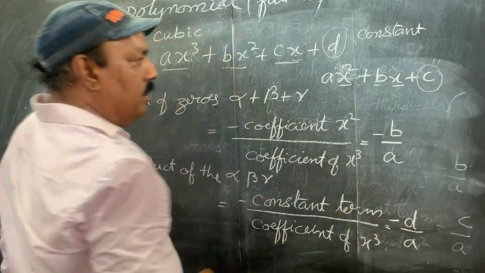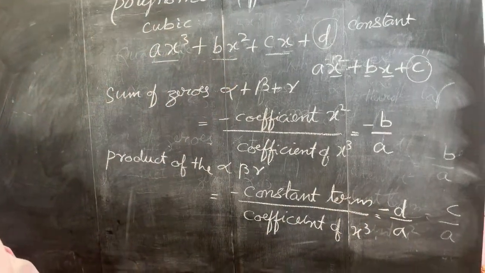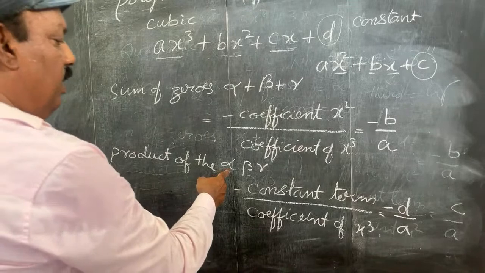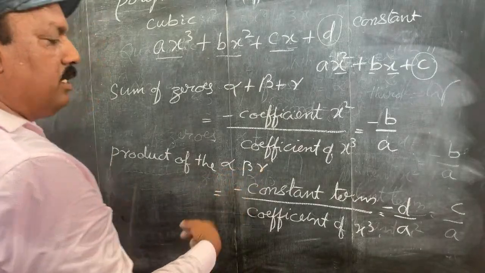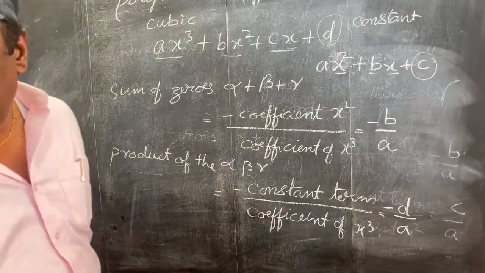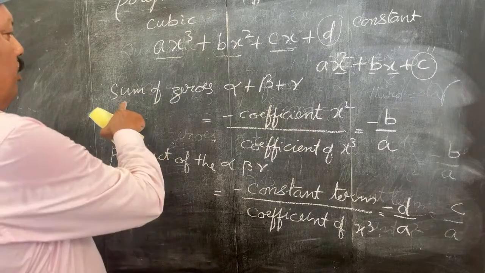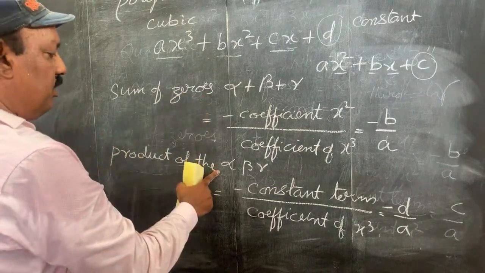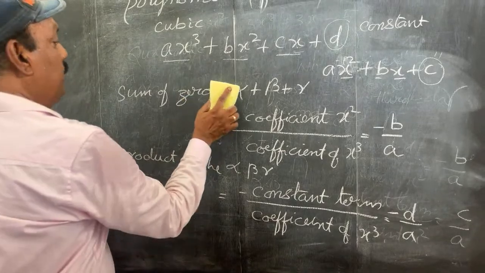Minus constant term by the coefficient of x cube. So now we got the product of the zeros, alpha, beta, gamma. Now the third formula, a different formula: we have the sum of the zeros, the product of the zeros, and now the sum of the product of the zeros.